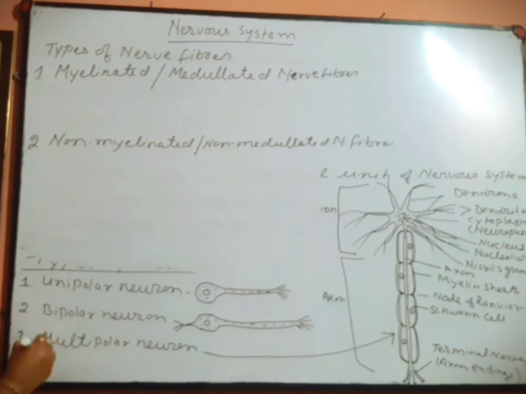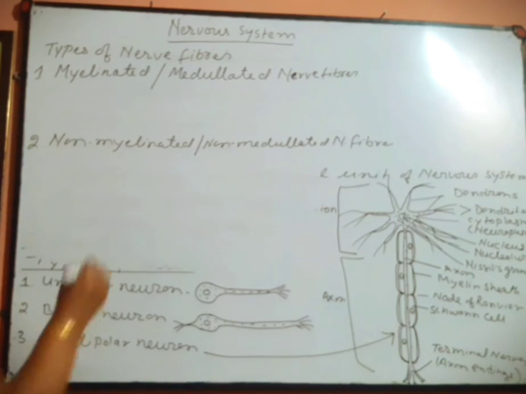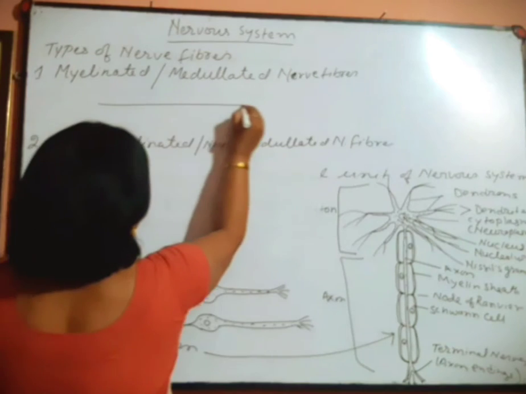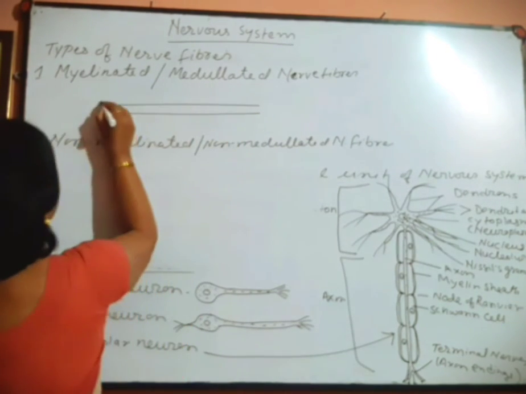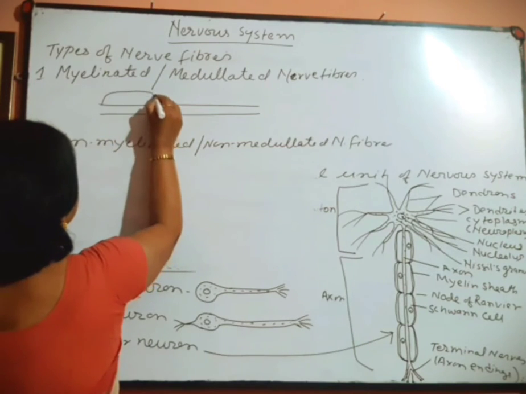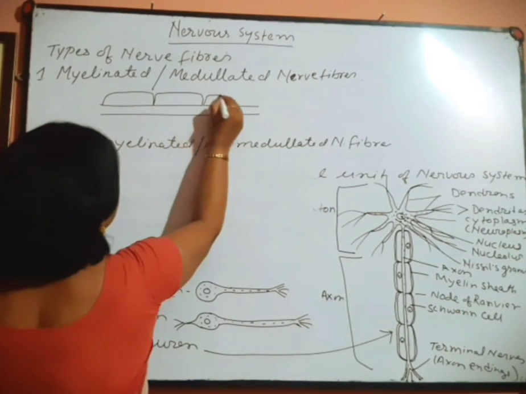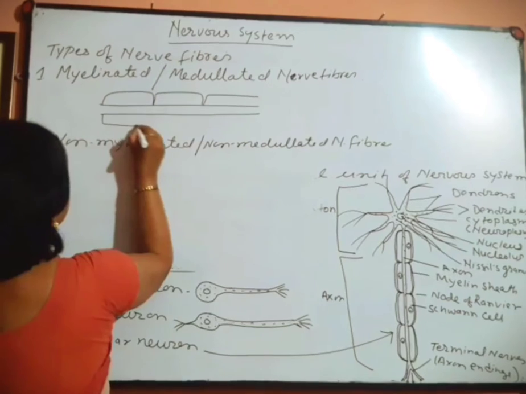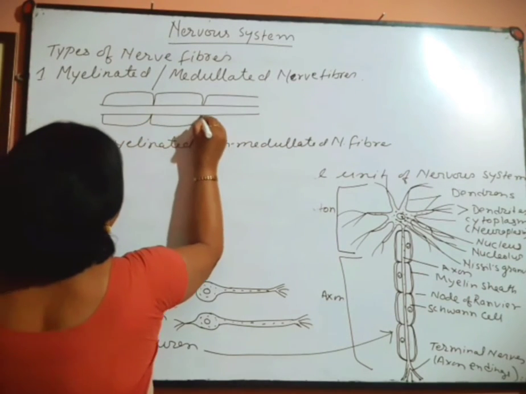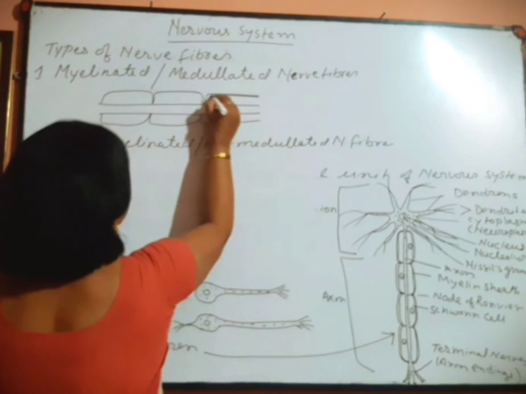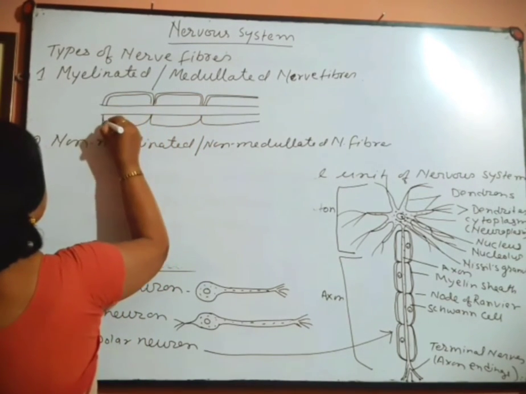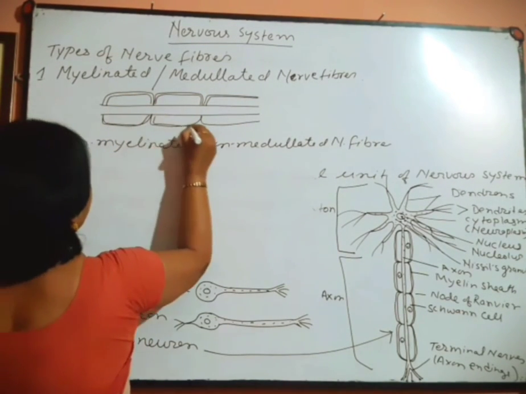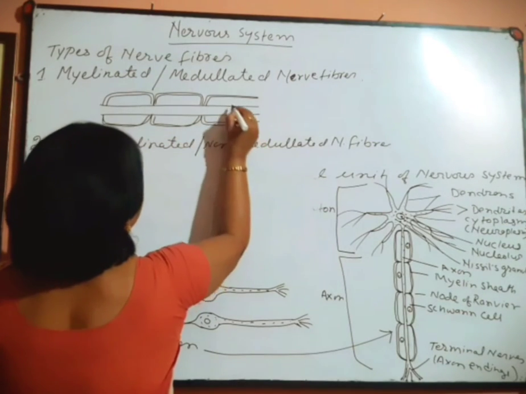The myelinated nerve fibers are always covered by the myelin sheath, which is a fatty sheath made up of Schwann cells.